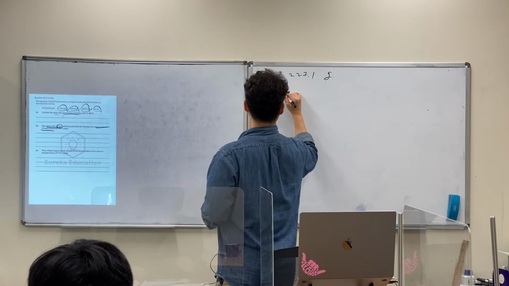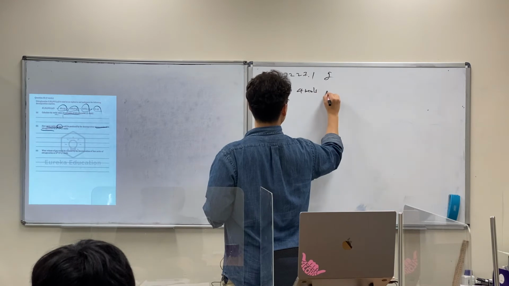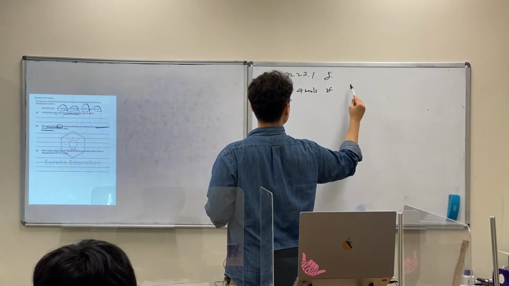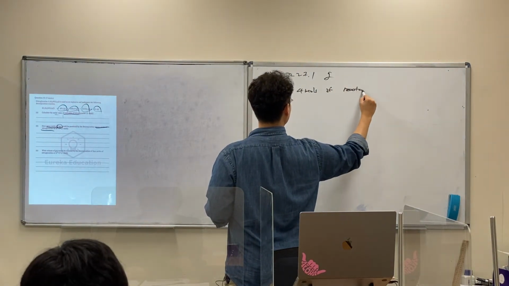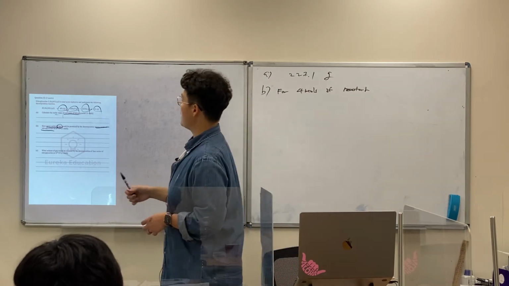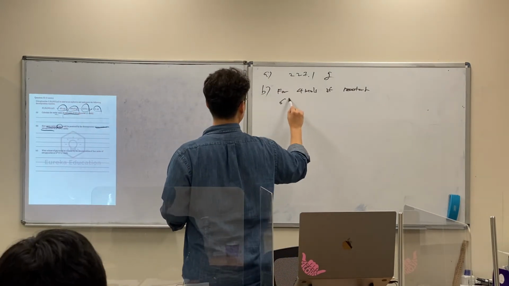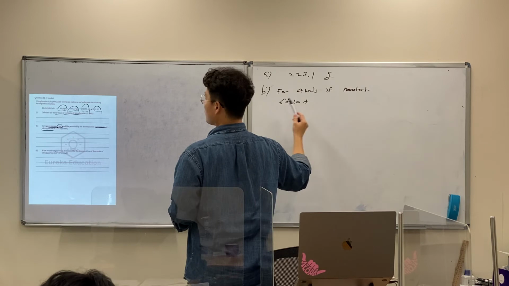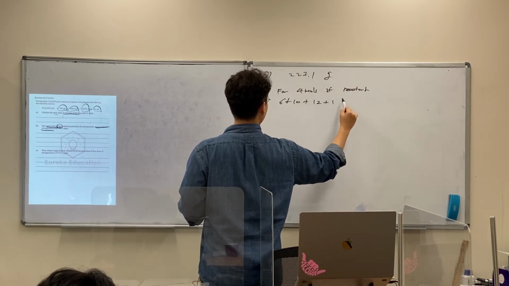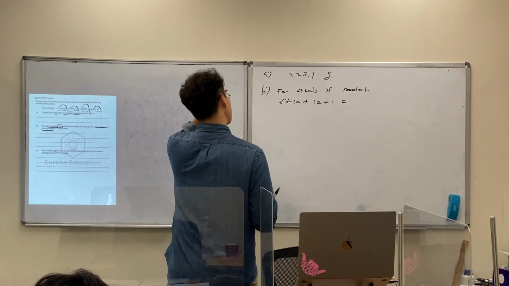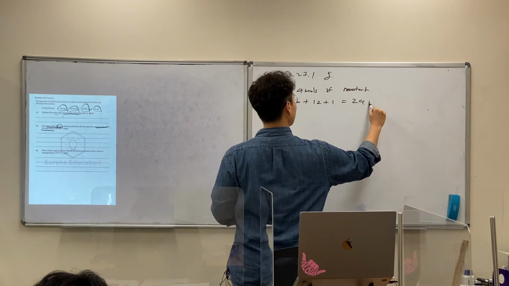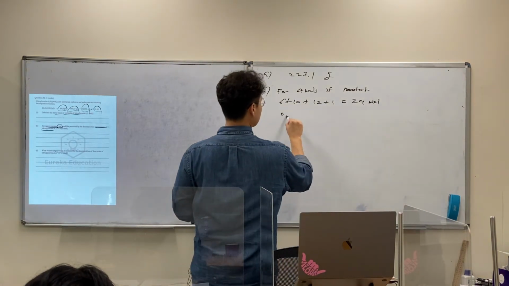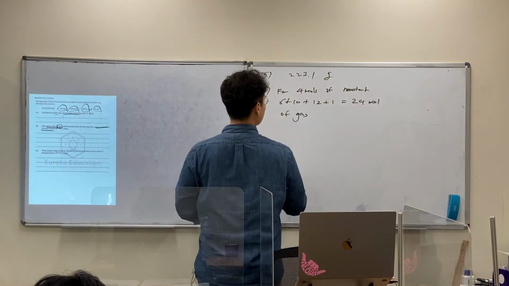So 4 moles of the nitroglycerin, the reactant, will be adding 6 plus 10 plus 12 plus 1, which makes 29 moles of gas produced.